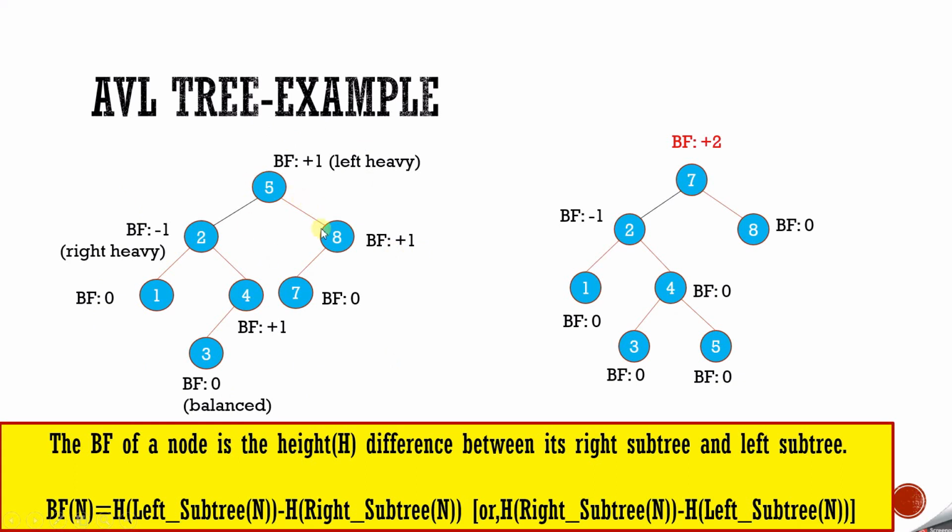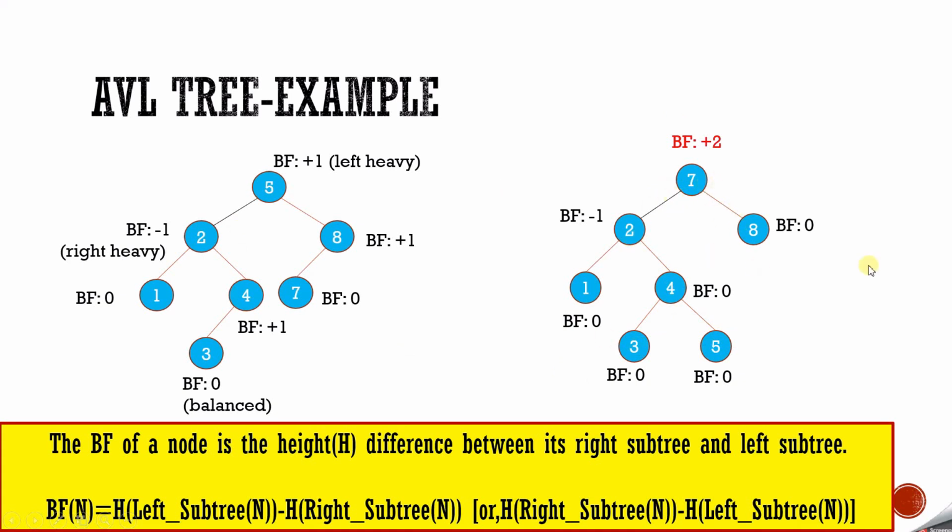Why? You see, every node in that tree has a balancing factor of +1, 0 or -1. If not, then we say it is not an AVL tree. See this particular example. Here I have added some nodes on this side. In that case, the height of the left subtree is 3 and the right subtree is 1.